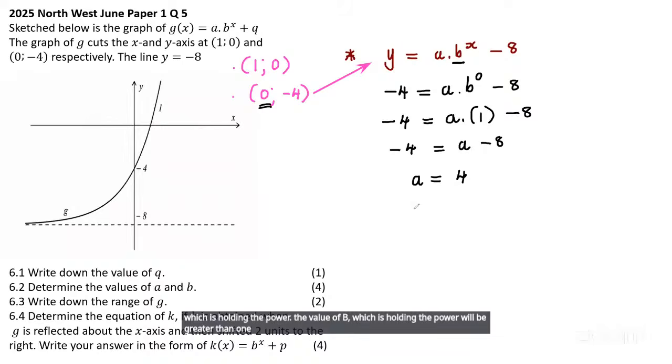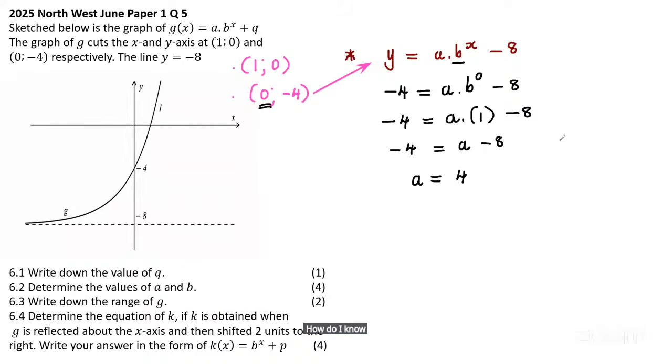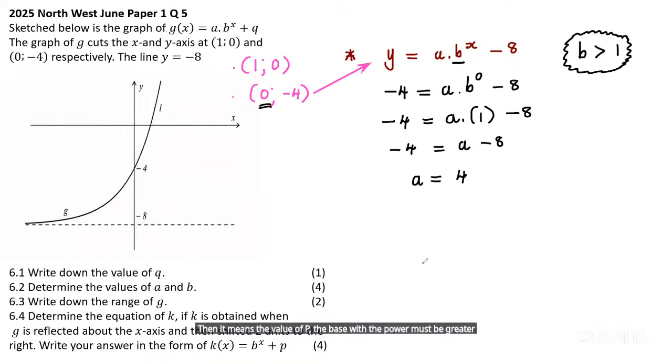How do I know? Because when the graph of an exponential is exponentially increasing, the value of B, the base with the power, must be greater than 1.